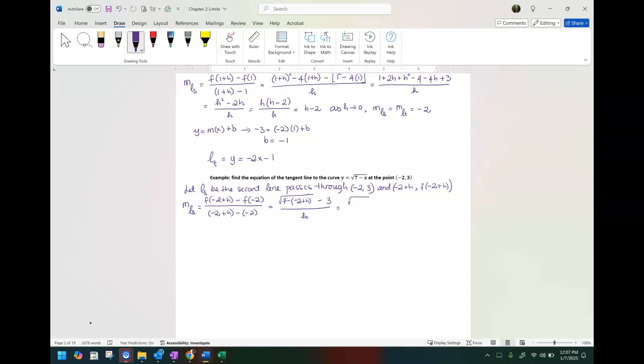So this is square root of 9 minus 8 minus 3, divided by 8. To simplify this, we need to multiply the numerator by the conjugate. That is square root of 9 minus 8 plus 3.